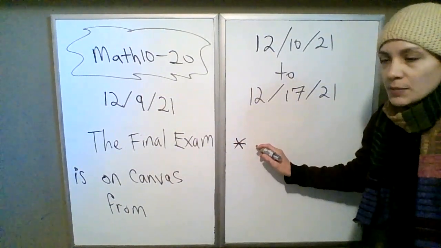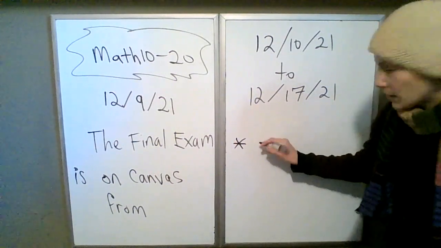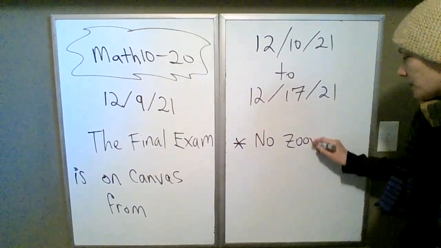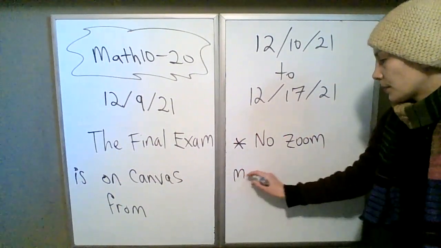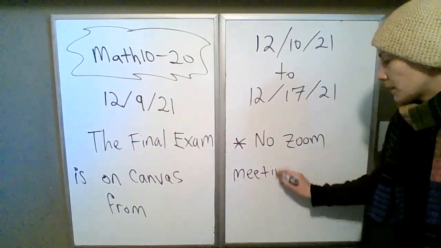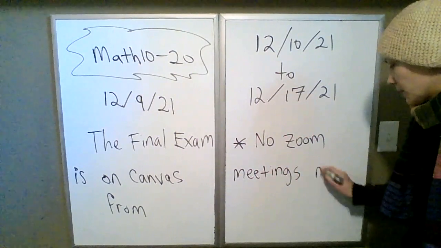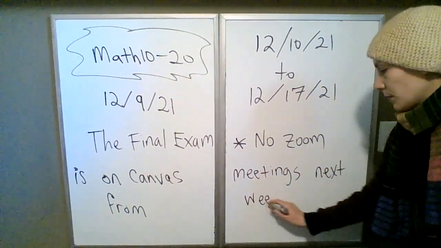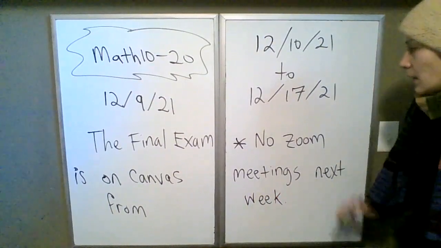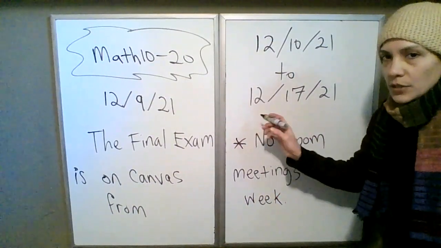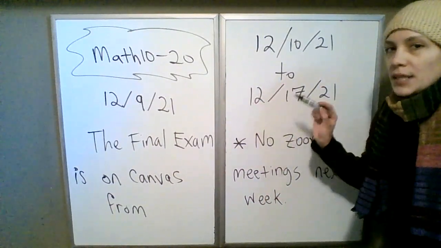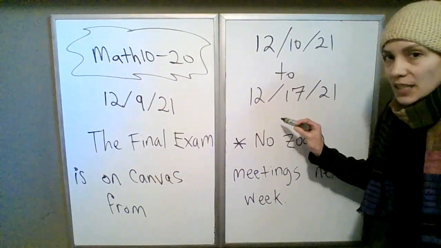Today is the last class meeting. We don't meet next week. So I'm going to double check, but today is the last day of instruction, but the 17th is the last day of the semester.